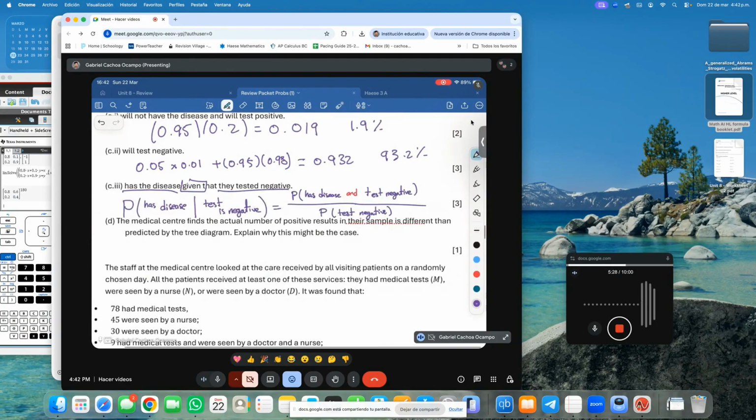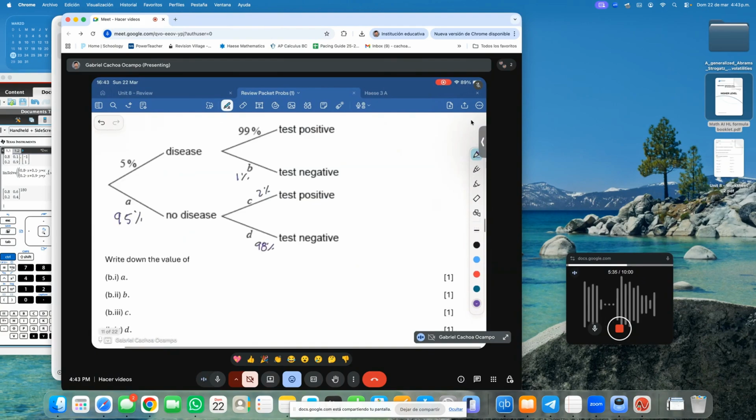What is the probability of having the disease and testing negative? I have the disease and I test negative.